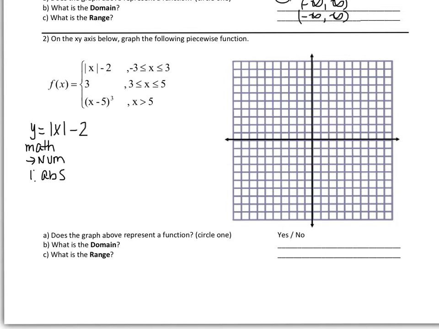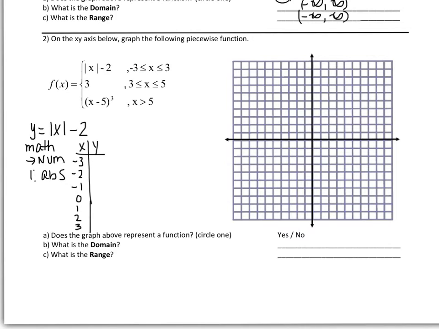So take a minute, put that into the calculator, and write down a chart of x and y values for x values that are between -3 and 3. So -3, -2, -1, 0, 1, 2, 3. So pause the video until you've done so. Okay, this is what you should have gotten.